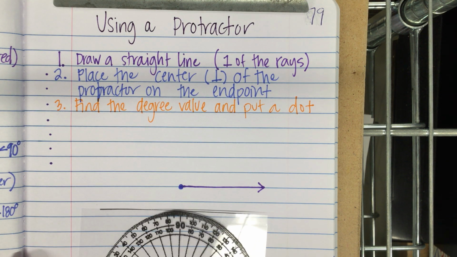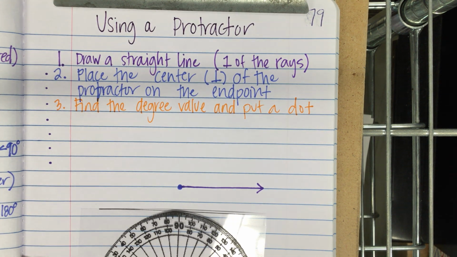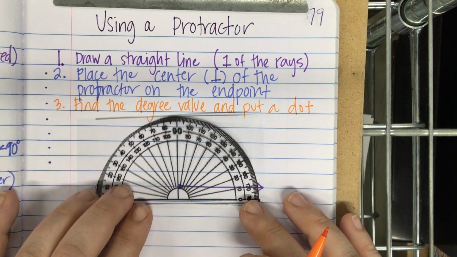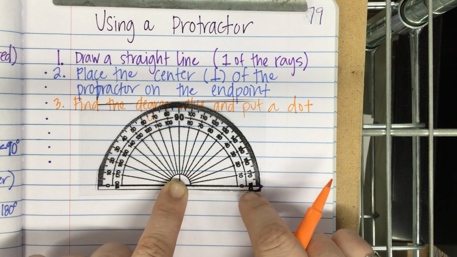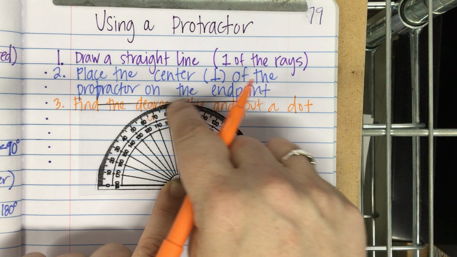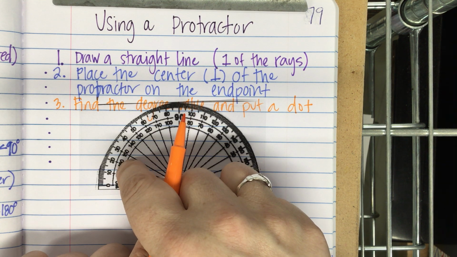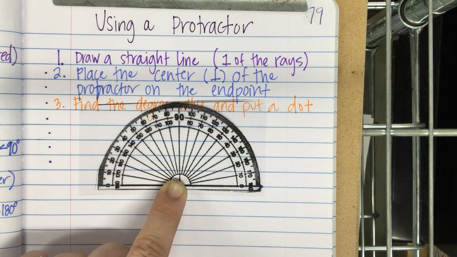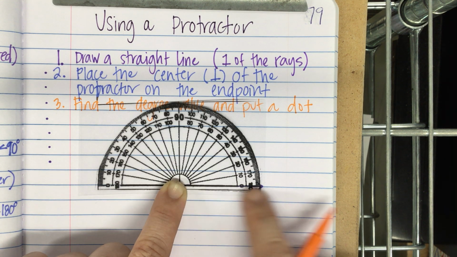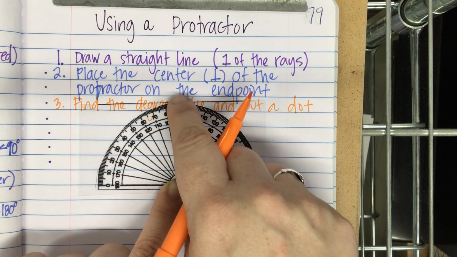So if I wanted a 182 degree angle, I would center this up, line it up, and I'm opening this way, so I'm going to have to go to 182 and put a dot. If I wanted a 90 degree angle, I would go to 90 and put a dot.